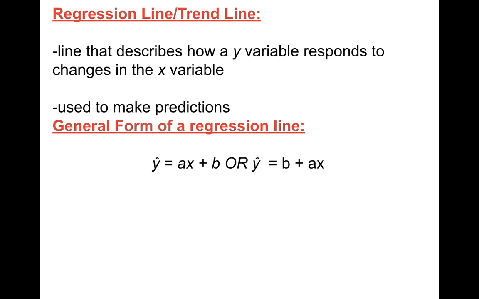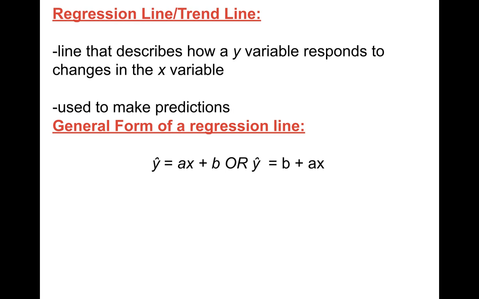The variables are a little different, but you might remember in Algebra 1 or Integrated 1, or even back in middle school, you learned about slope-intercept form. Slope-intercept form was originally probably presented to you as y equals mx plus b.